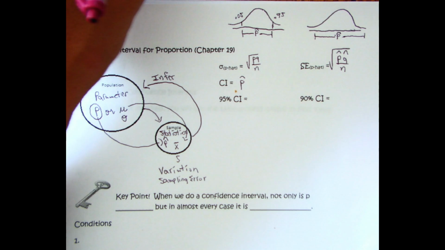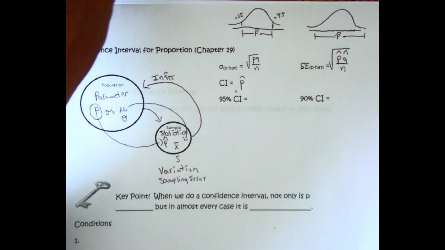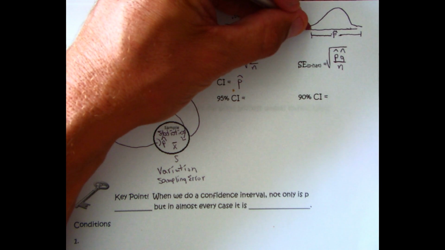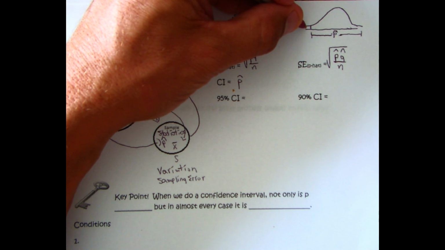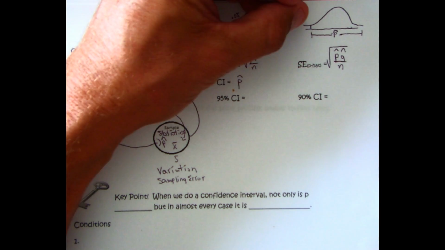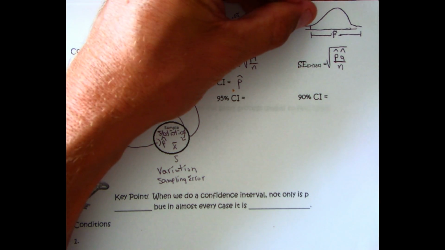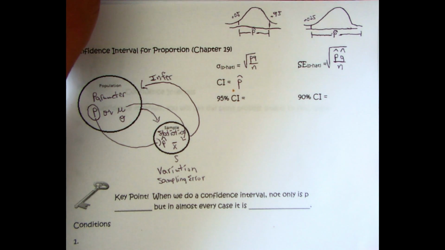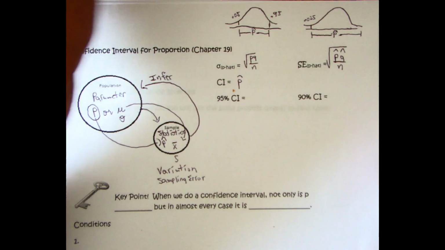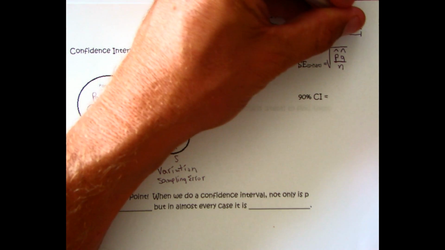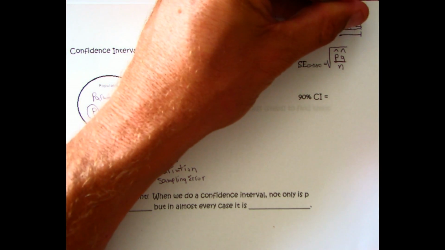I'm going to split that 5% equally, so I'm not capturing this 2.5%. That means this percentile is the 2.5 percentile, and I'm not capturing this 2.5% over here. So this interval goes to the 97.5th percentile.